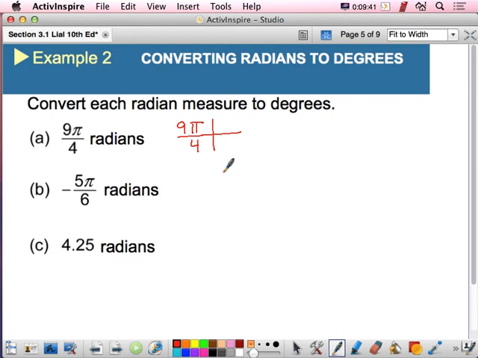So degrees are going to go on top, 180 degrees over pi. And the nice thing is in this case, the pi's cancel, and we can just figure out what that leaves us with. We have 9 times 180, which is 1,620 over 4, and that will simplify to 405 degrees.